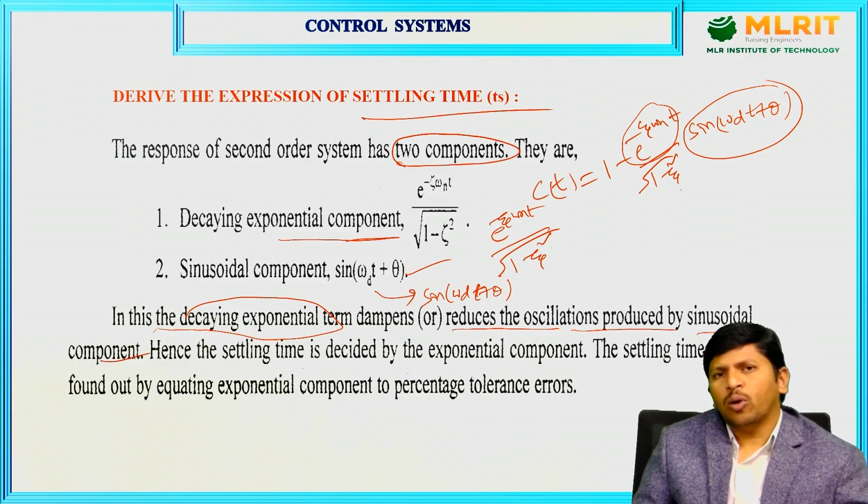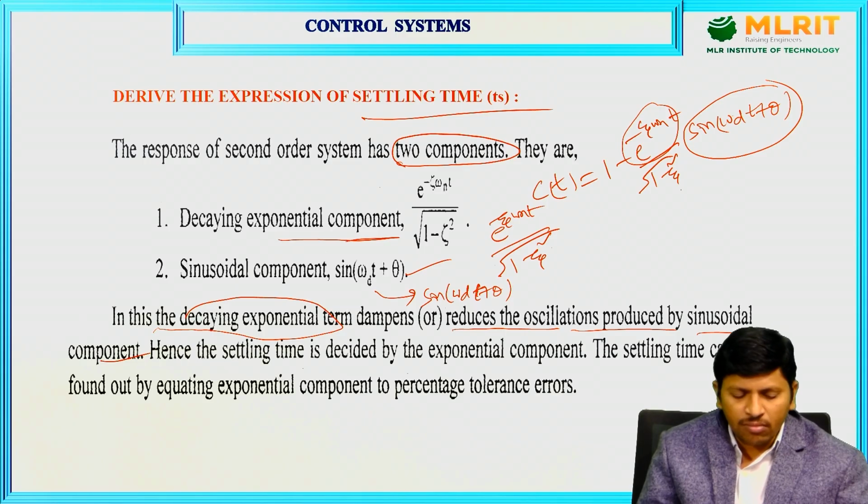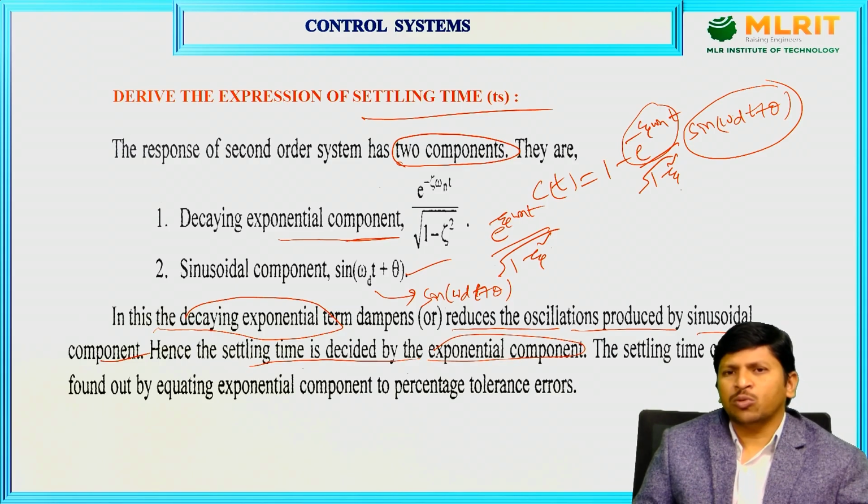When the sinusoidal component produces any oscillations, those oscillations are reduced by the decaying exponential component, right? So for that we are going to calculate the settling time. We consider only the exponential component, because the exponential component is reducing the oscillations produced by the sinusoidal component. That's why the settling time is calculated by considering the exponential component.